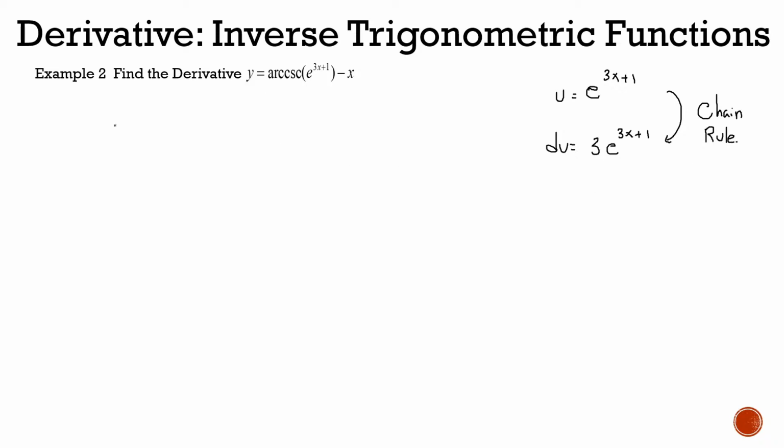So now we have our equation as y equal to arc cosecant of u, minus x. So the derivative of y is equal to negative du over absolute value of u times square root of u squared minus 1. That was the derivative of arc cosecant of u, minus 1.